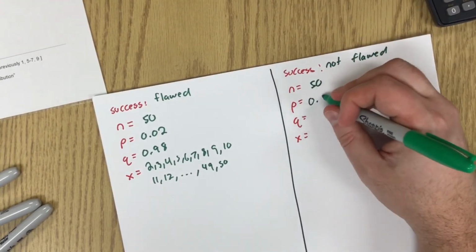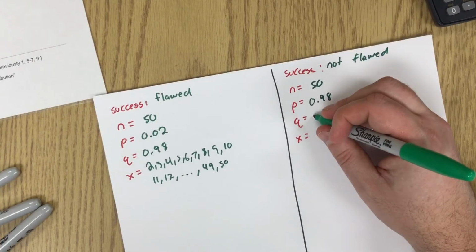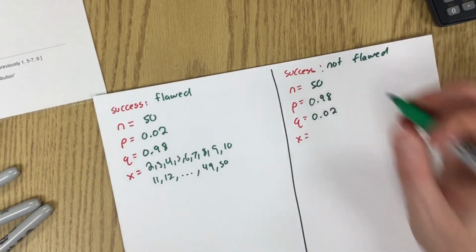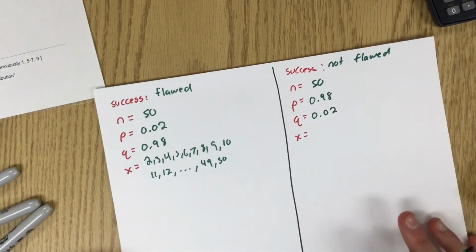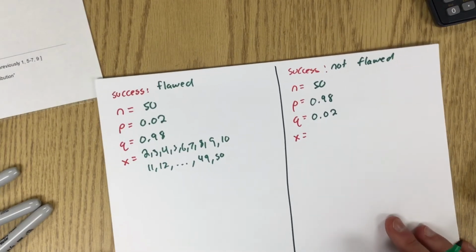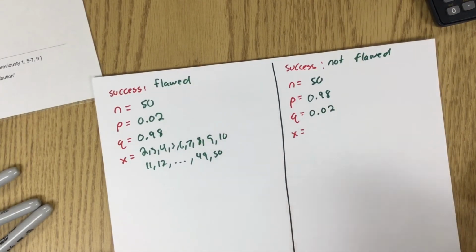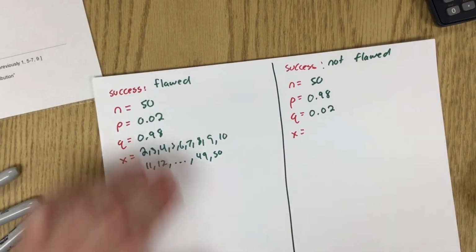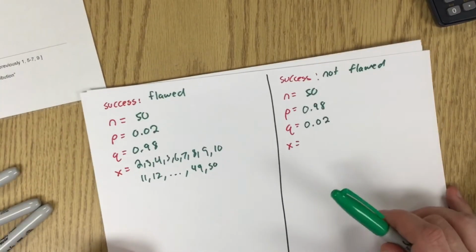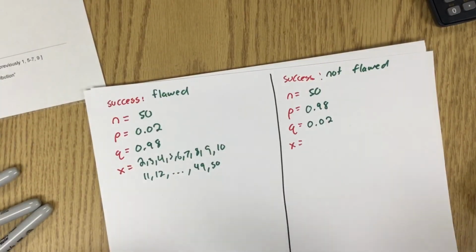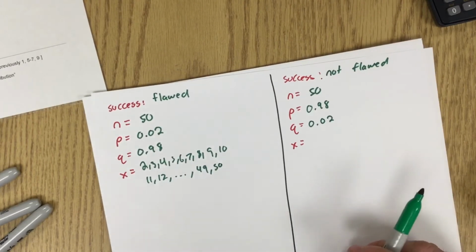The probability of not being flawed is 0.98, and the probability of it not being not flawed is 0.02. So let's go through that again. It's not really going to change anything actually, because if you remember, changing the definition of success doesn't change the number of cases.